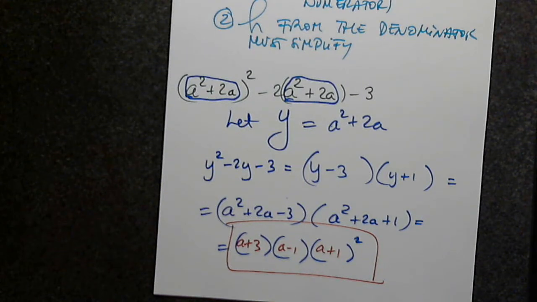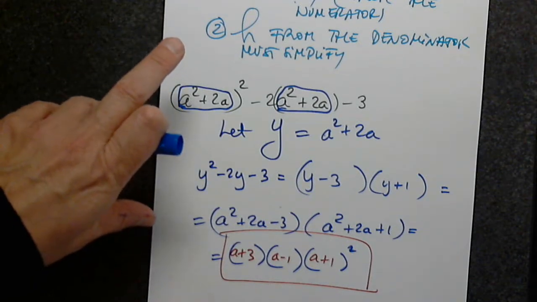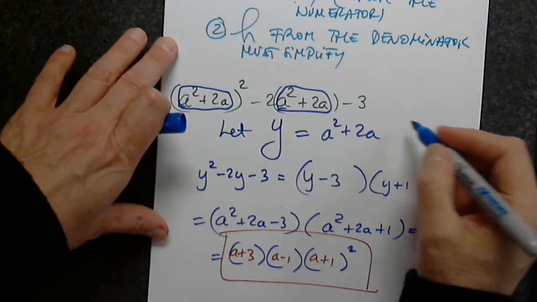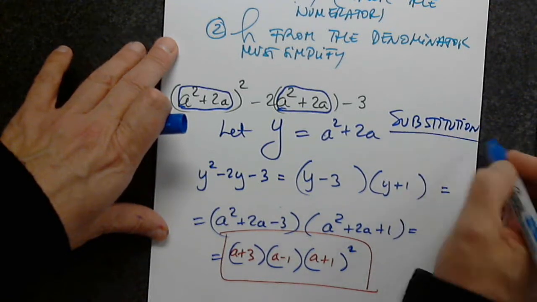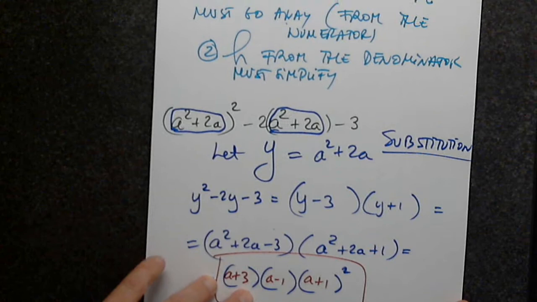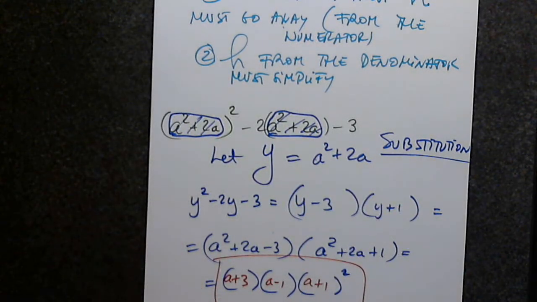So this method is called the substitution rule or substitution method, and this is very useful for later. This is not always possible. Here it was, because this quantity and this quantity are the same. Otherwise, I would not be able to just substitute, but it was much easier. Questions?